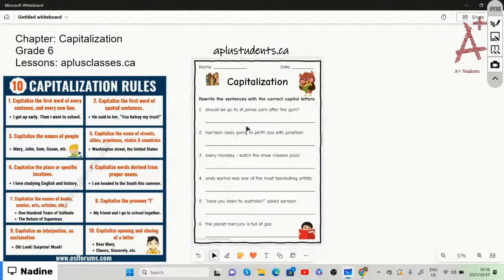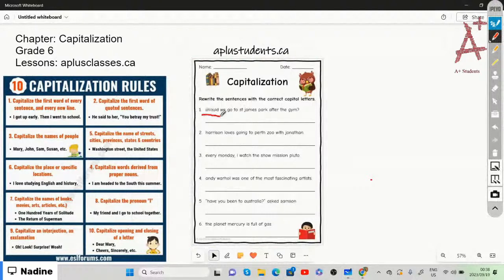So if we correct the capitalization, already the start of that sentence is should. Should we go to St. James Park after the gym?